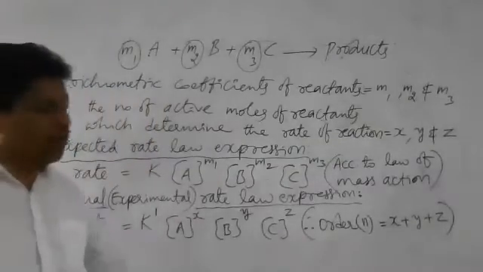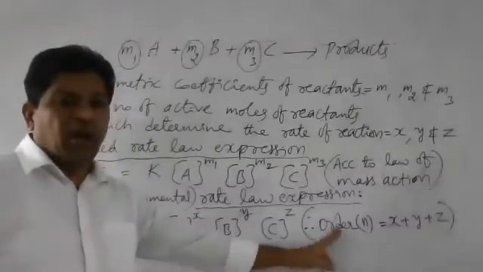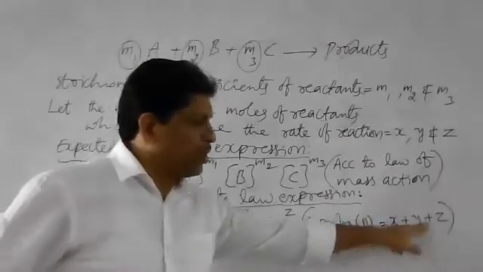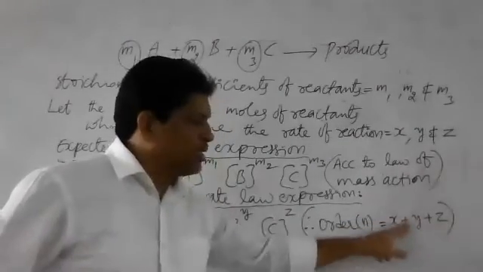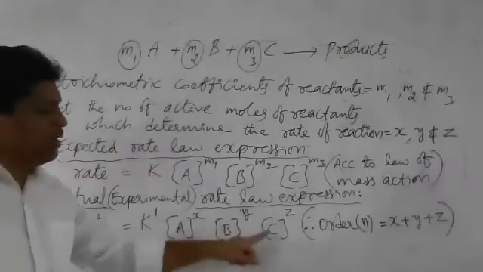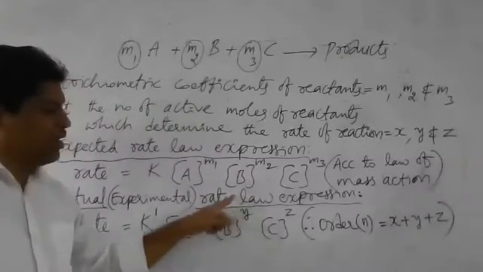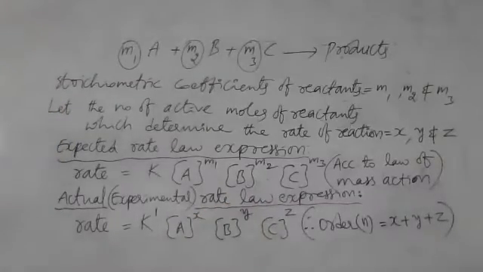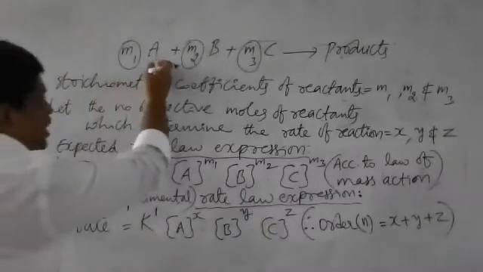Is the concept clear? How do we define the order of reaction? The order of a given reaction is equal to the sum of the powers of the concentration terms of reactants in the rate law expression. Is that clear? Now tell me, what is molecularity from the balanced equation?